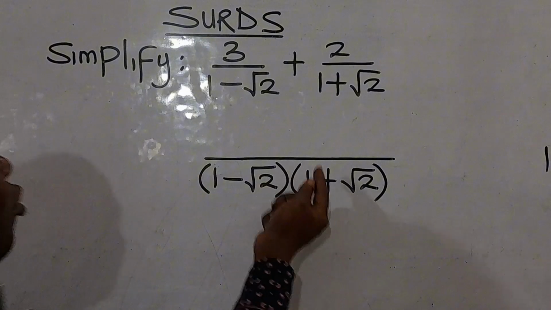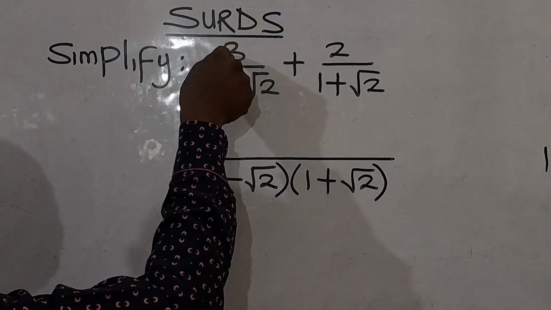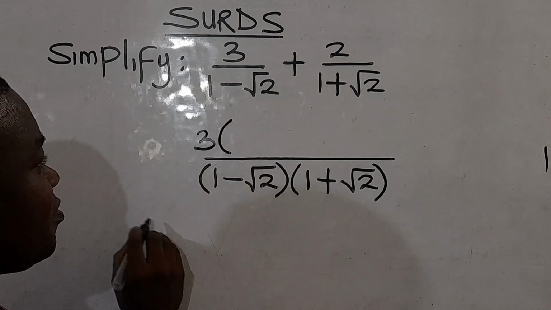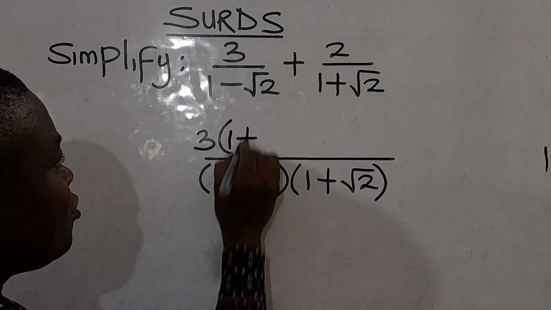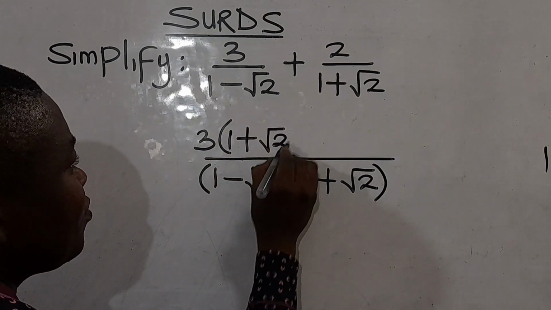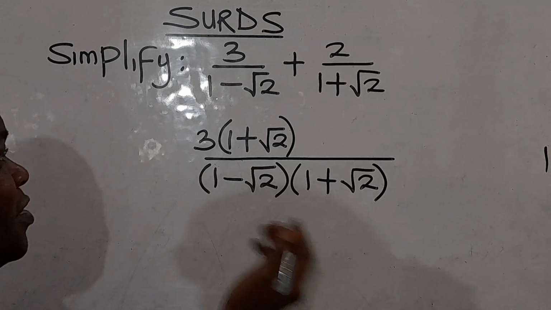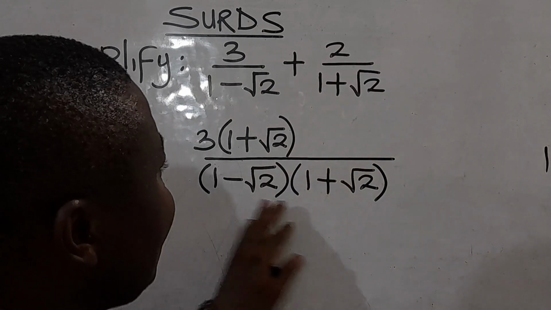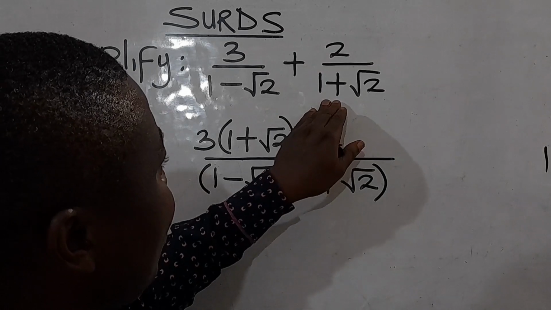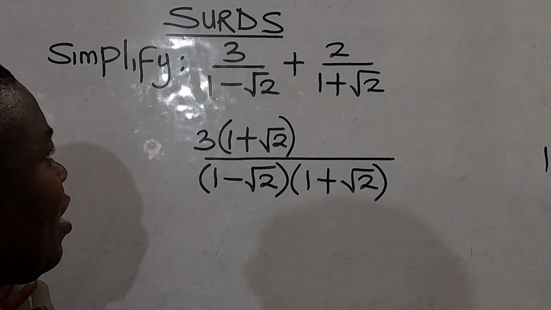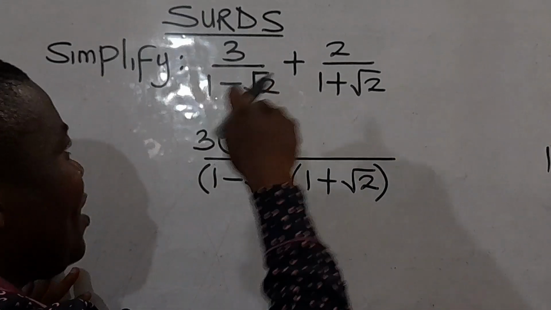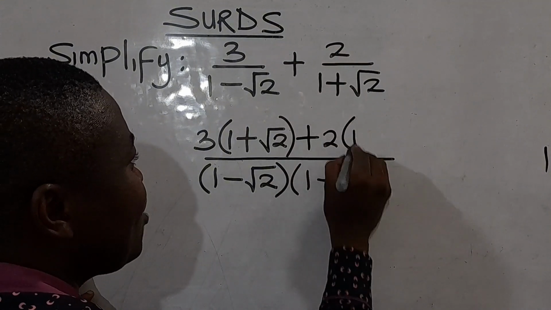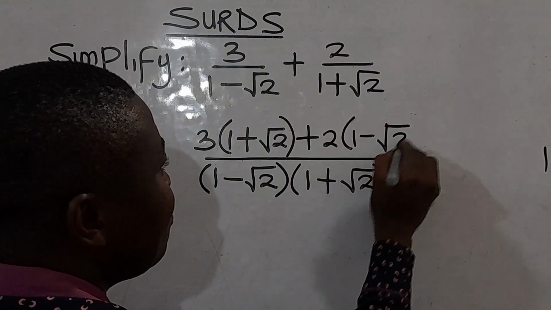Then 1 plus root 2 multiplies the numerator here. It becomes 3 into 1 plus root 2. Same thing happens here. If you divide the LCM by 1 plus root 2, you have 1 minus root 2. 1 minus root 2 times 2, you have this, 2 bracket 1 minus root 2.